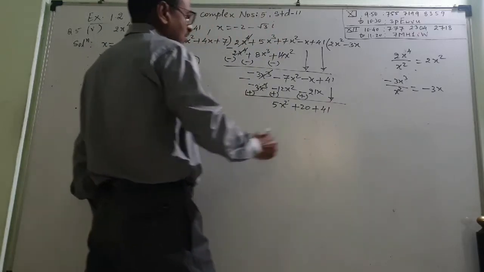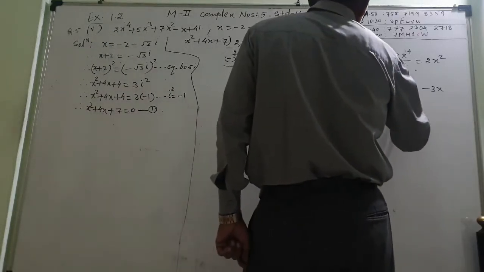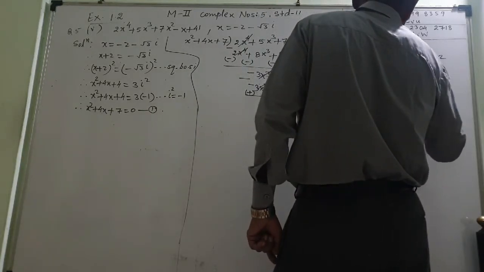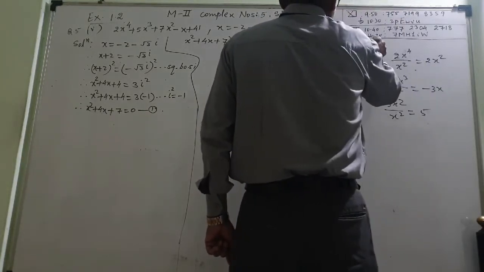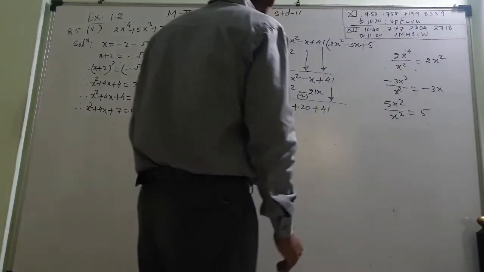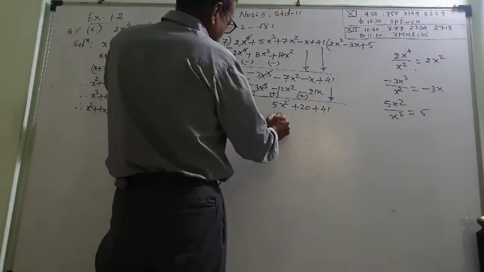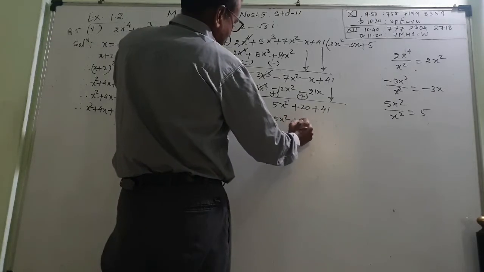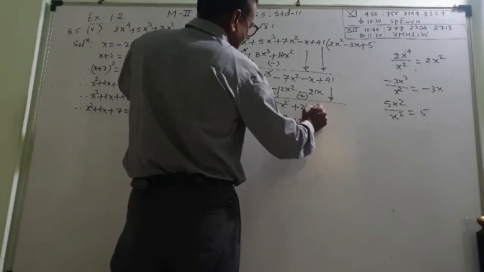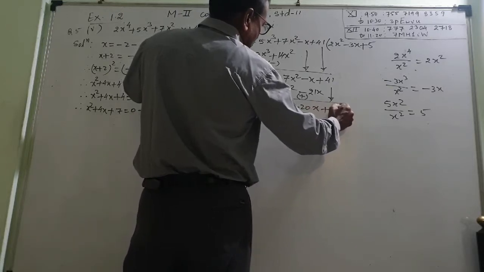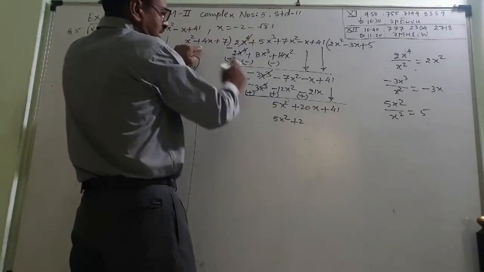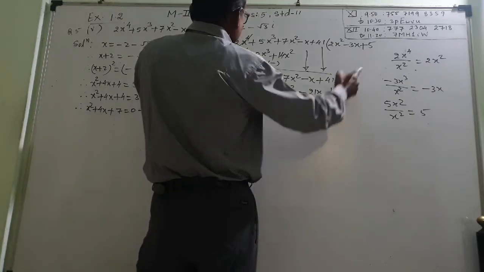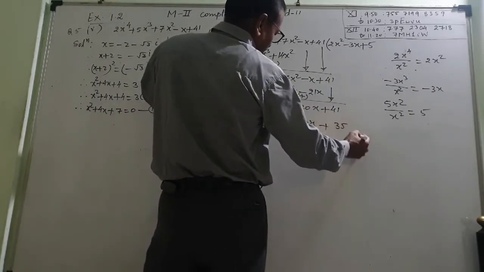Again the first term, 5x raised to 2 upon this is x square, and that has come to be 5. So that is plus 5. I will write here plus 5. So plus 5x square plus 20x, here x remain, plus 20x and plus 7 5 are 35.